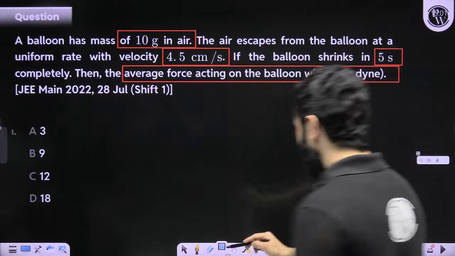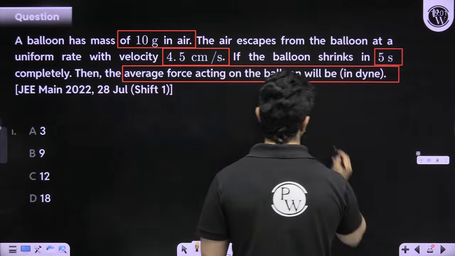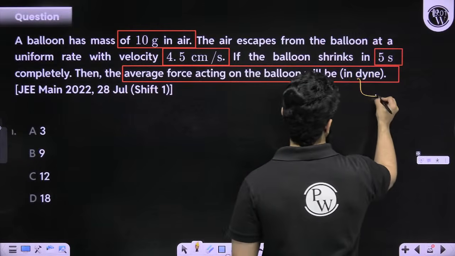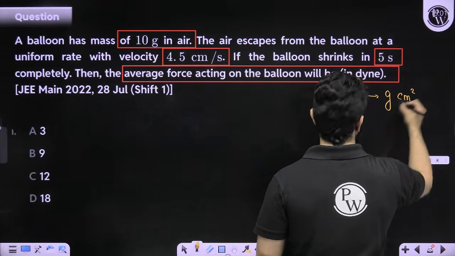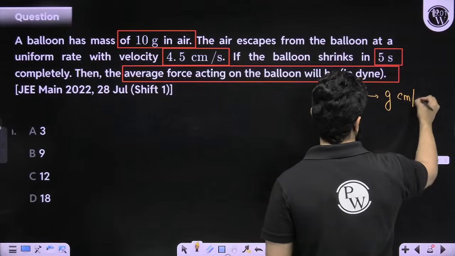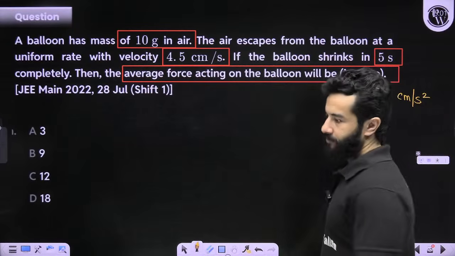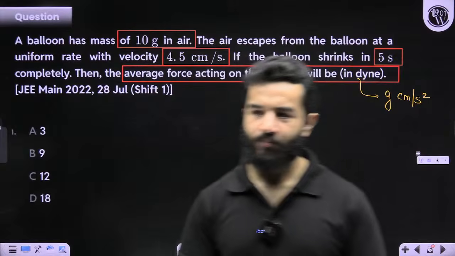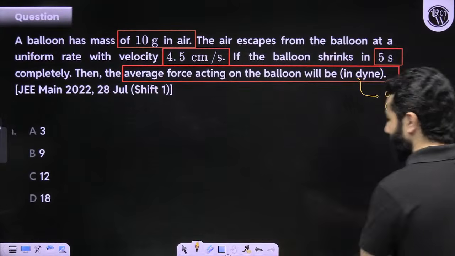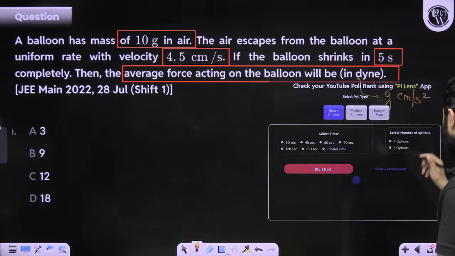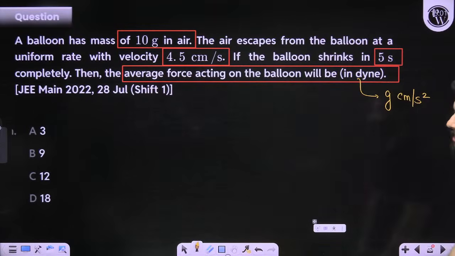All right, dyne basically means gram centimeter per second square. Be quick, solve this question. Let's begin, my dear friends.